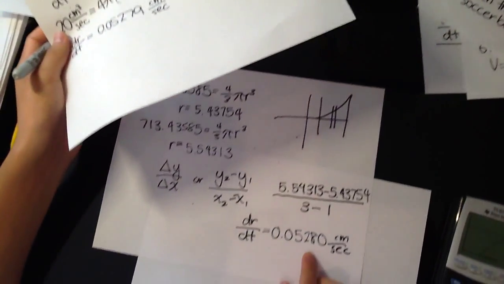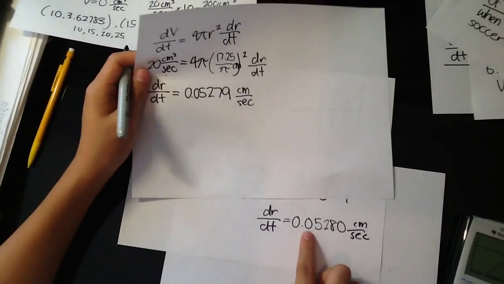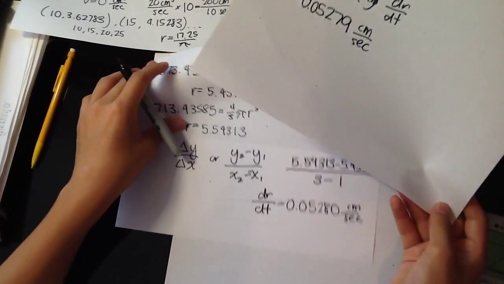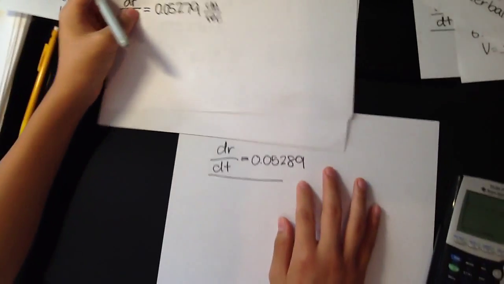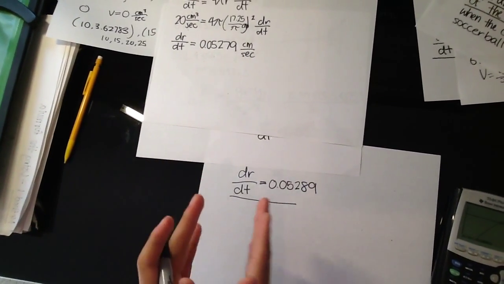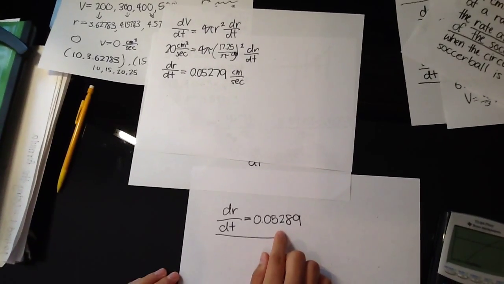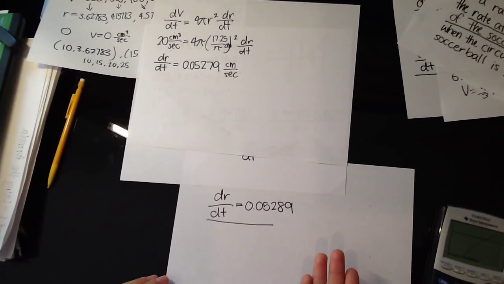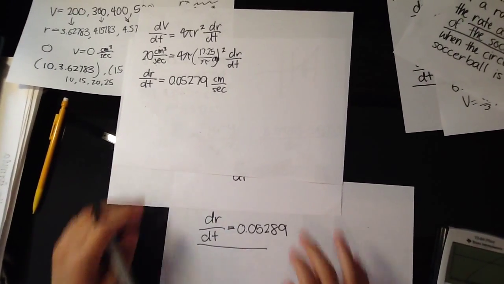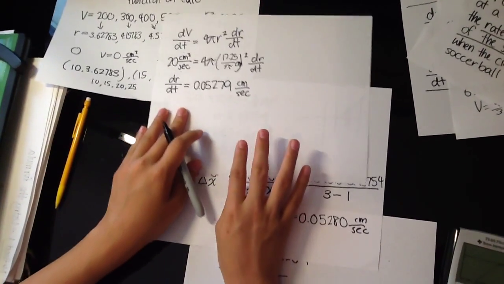This is what I got when I approximated using only 2 points, and I got 0.05280, which is close but not exactly the right answer. And for this one, where I used random points throughout the line rather than just the points close to it, I got 0.05289, which makes sense because it doesn't give me the exact equation when doing a regression. So this is the furthest away, this is the second closest, and this is the exact answer. And we're done.